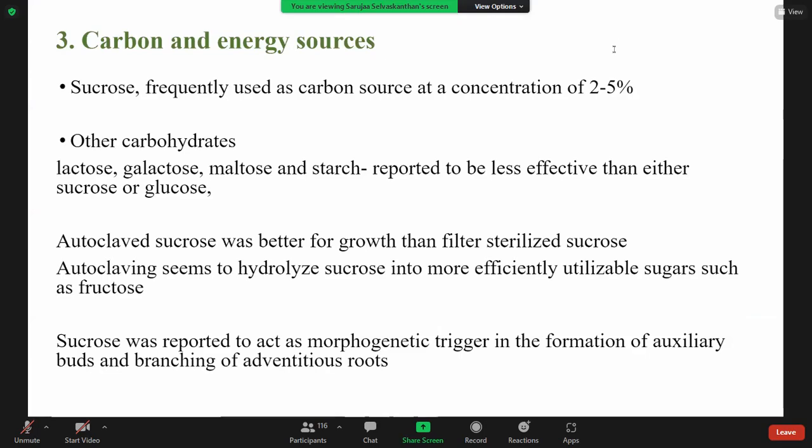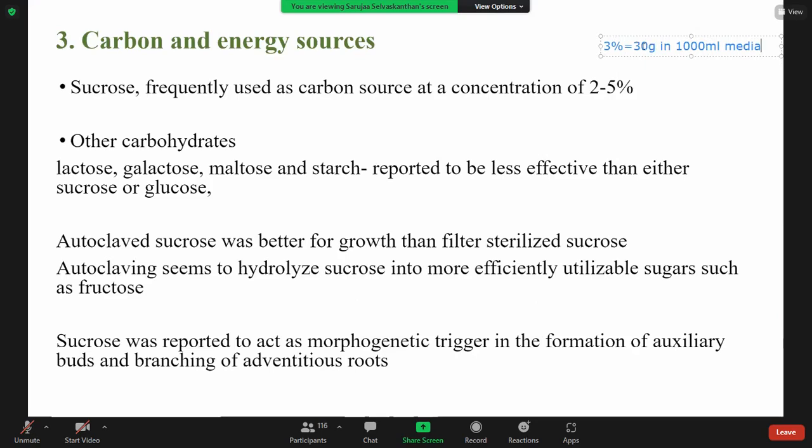Just think for the 3%, it means 30 gram in 1000 milliliter media. That is the meaning, right? Just divide 30 by 1000.